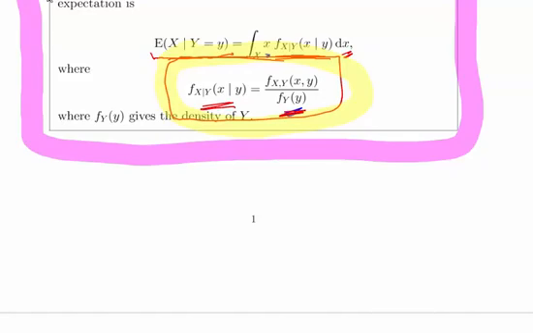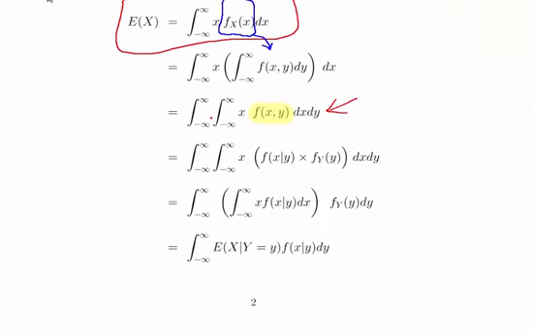Now I reorder things: I have x times the conditional density, so I bundle them up and express them as an integral, with dx.